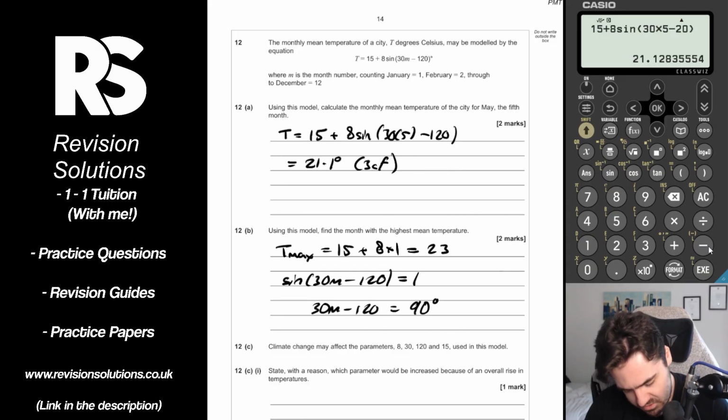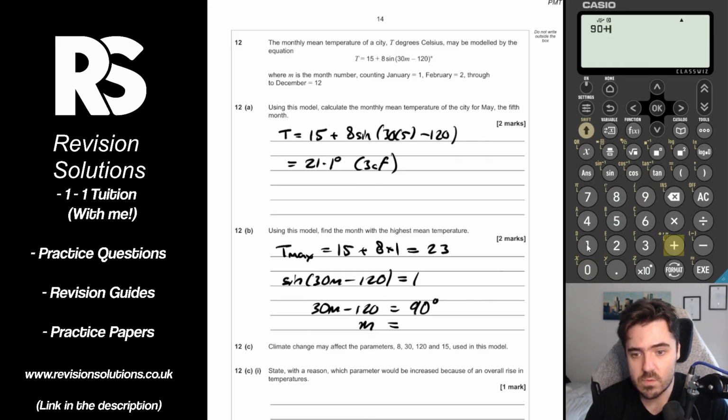We could also plus or minus 360 if we need more solutions, but I don't think we're going to need to here. So if we solve that for m, that would be 90 plus 120, and then divide that by 30, that gives us the 7th month, which is July.